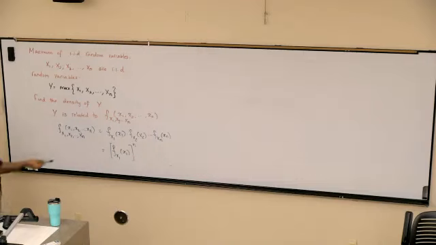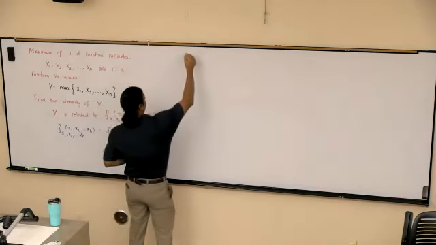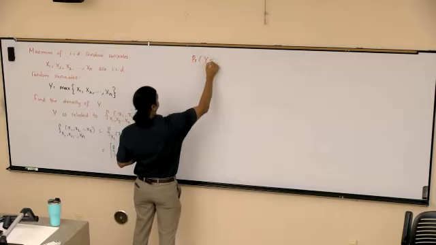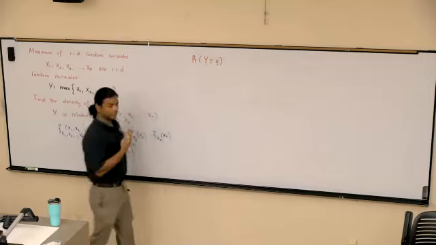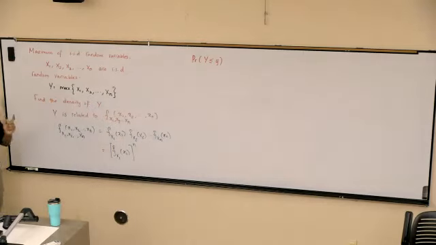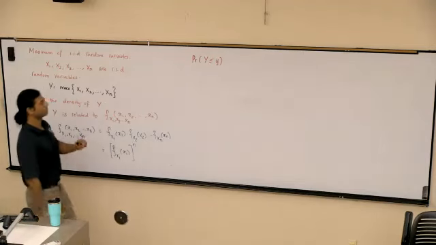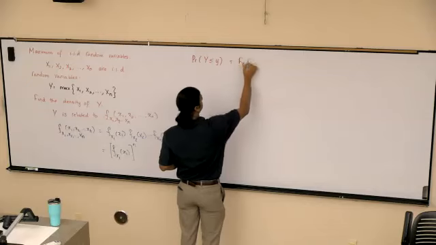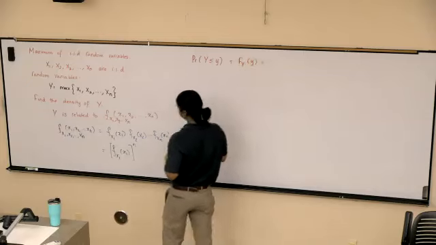So when we have a bunch of random variables, we should use a joint distribution. But let's say we can find this without using a joint distribution, but using the fact that they are independent and identically distributed.